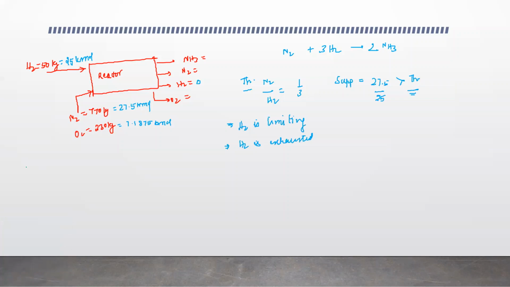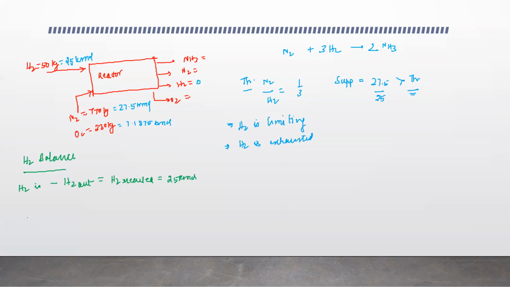Now hydrogen out is 0, so we are going to do a hydrogen balance. We get hydrogen in minus hydrogen out is equal to hydrogen reacted. So hydrogen reacted is equal to 25 minus 0, that is 25 kilomoles.